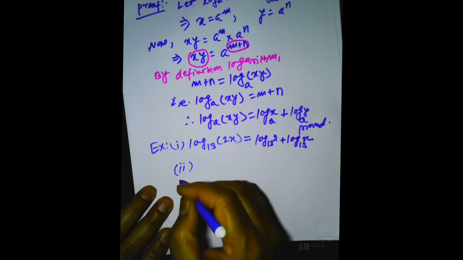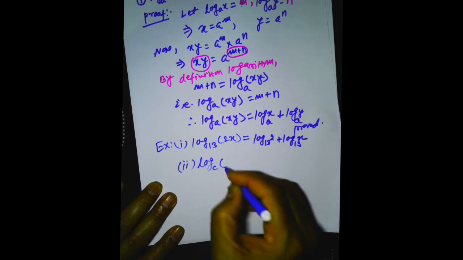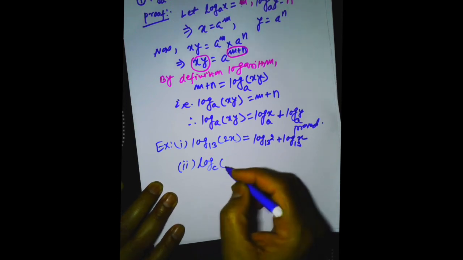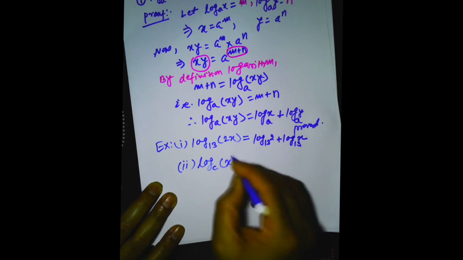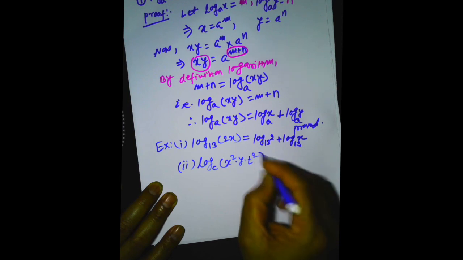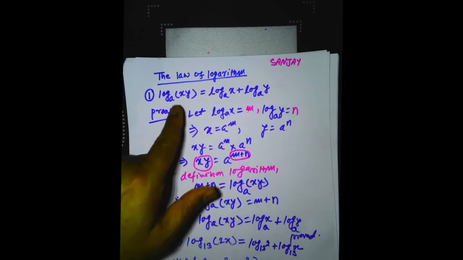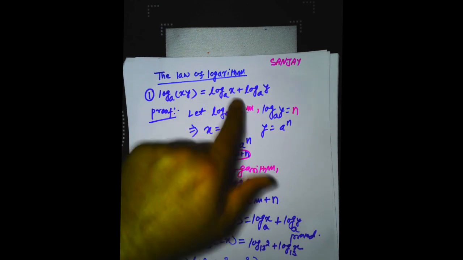So let's take another example. You can take any base c, so log base c of any number, for example x squared times y times t squared. If you use the first property of the logarithm, log of x times y is log x plus log y.